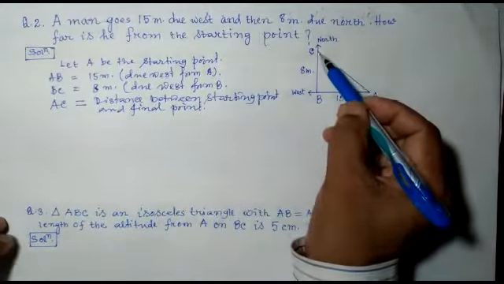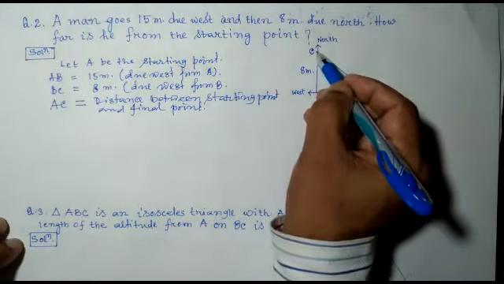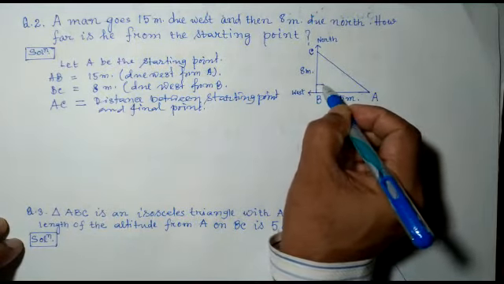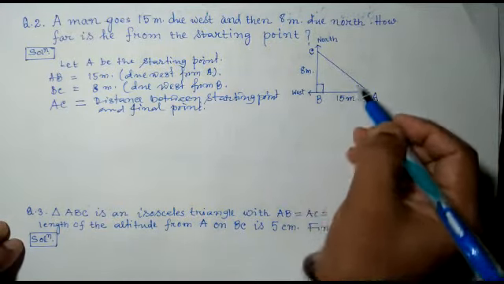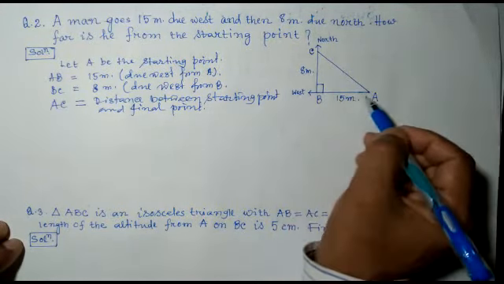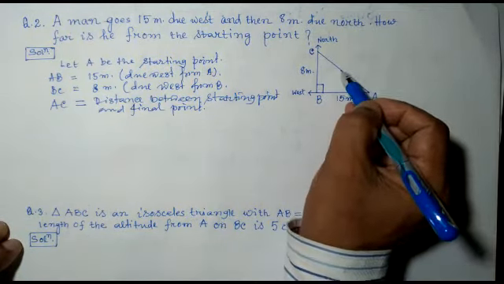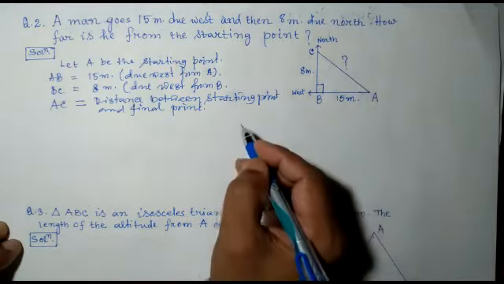So when we get this AC, we see this ABC is a triangle, and here at B it will be a right angle. So this is a right triangle. In the right triangle, from the right angle the opposite side is the hypotenuse. Actually we have to find the length of hypotenuse AC.